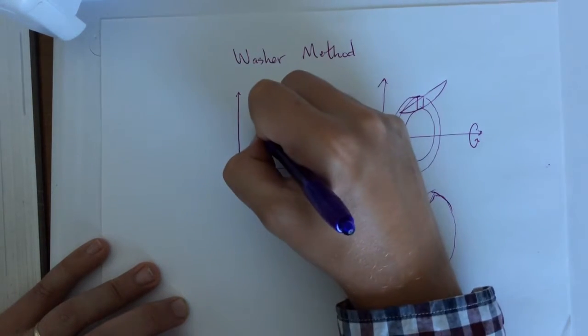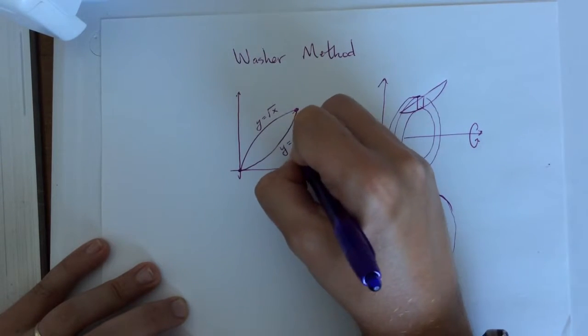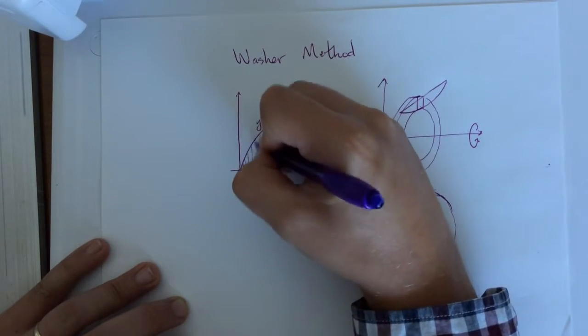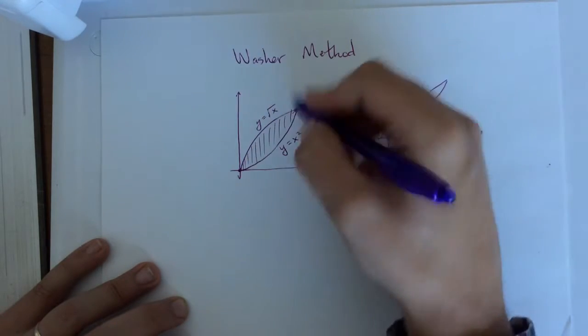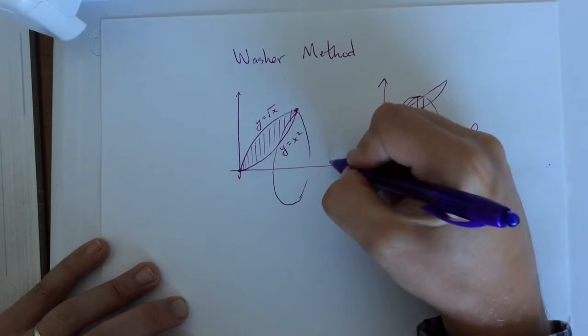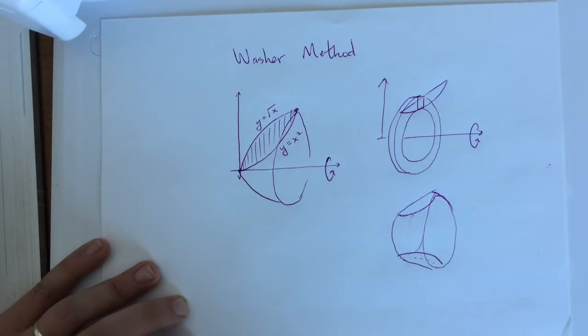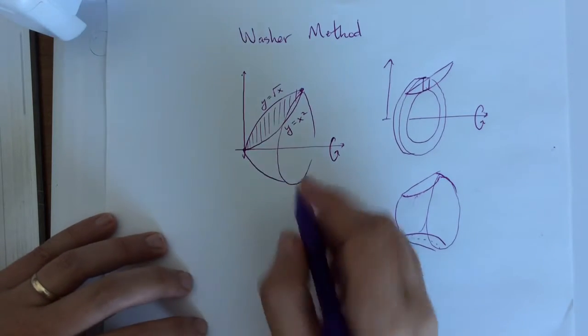So here's y equals the square root of x, here's y equals x squared. So here's the area between those two curves, and we want to rotate this area around the x-axis. So we get a shape that looks something like that. It's an okay drawing.